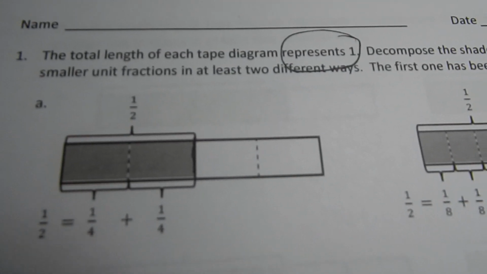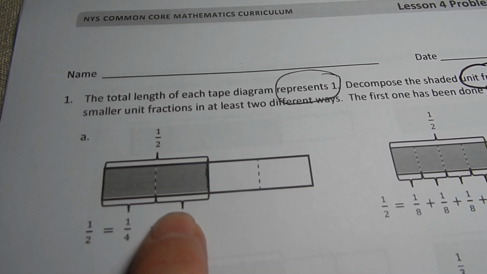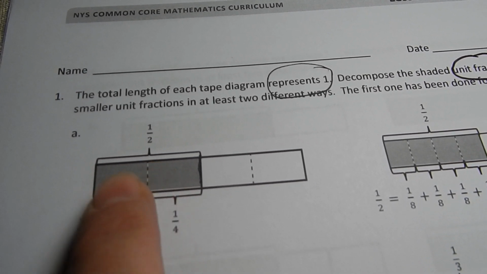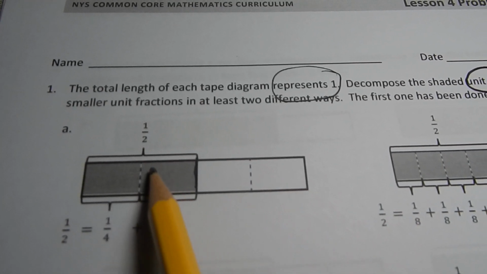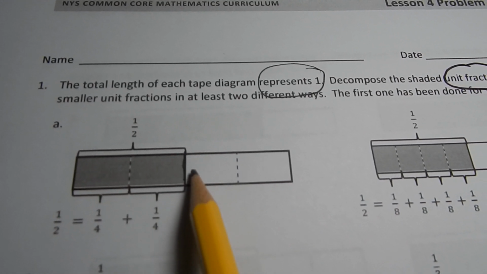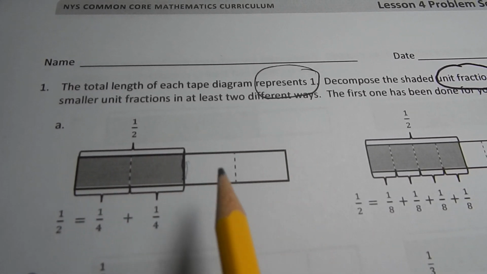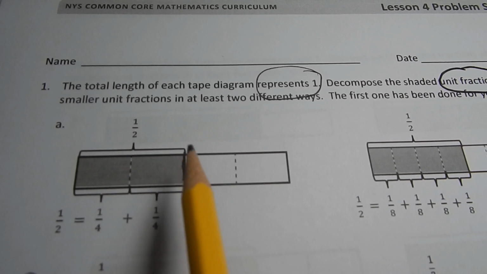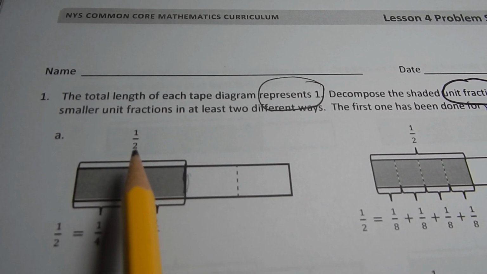If I take a look at this one, you can see that this is the shaded part, and they're telling me that that's equal to 1/2. Now, because it's starting off right away with this dotted line, it might be a little confusing. Just look at this solid line right here, and they're saying that this whole tape diagram has been cut up into 1, 2 equal pieces, and that's why we have a 2 in the denominator.